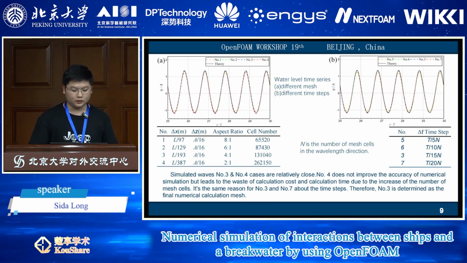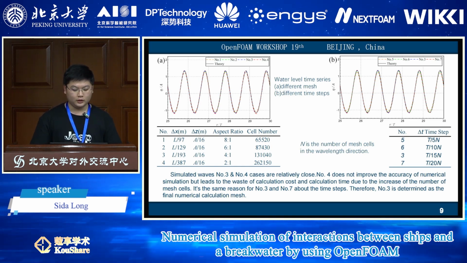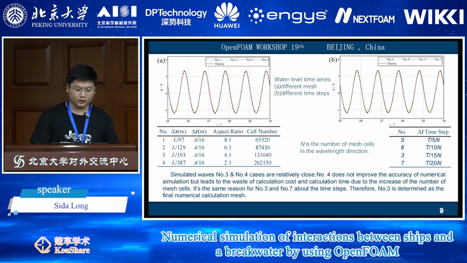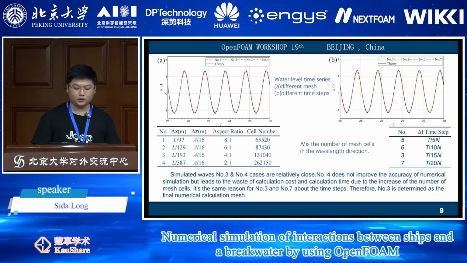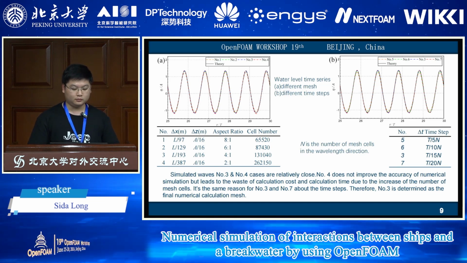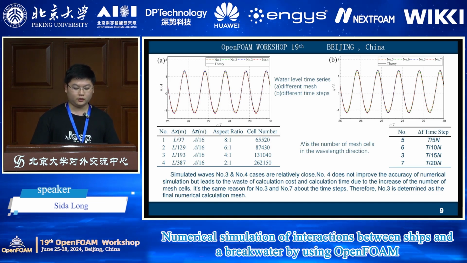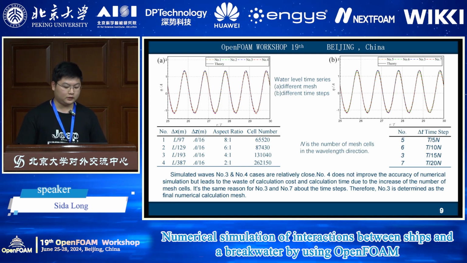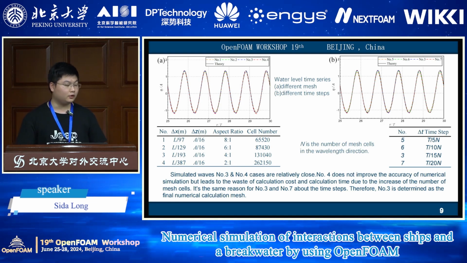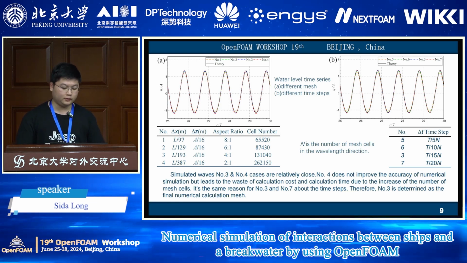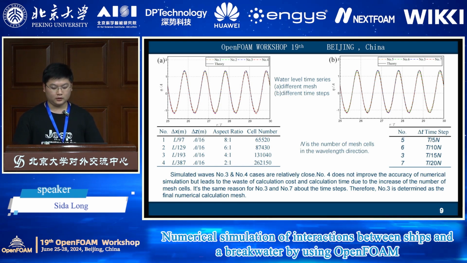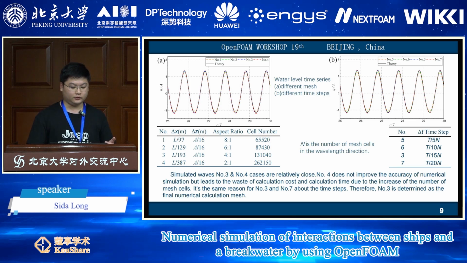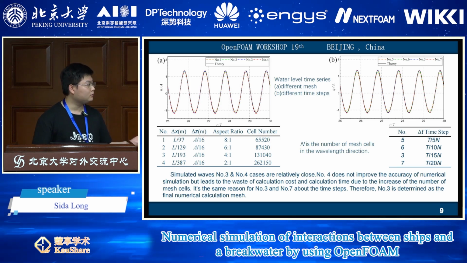Simulation numbers 3 and 4 are relatively close to the theory, but number 4 does not improve the accuracy of numerical simulation, but leads to the waste of calculation costs. It is the same reason for number 3 and number 7 about the time step. Therefore, we choose number 3 as the final numerical calculation mesh.